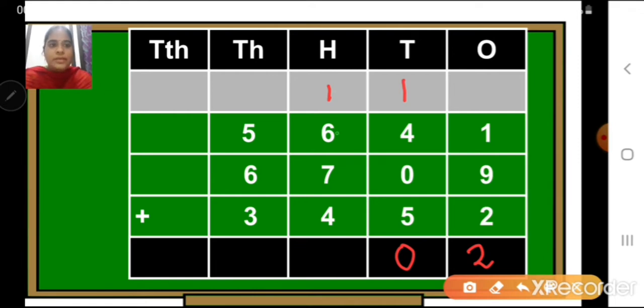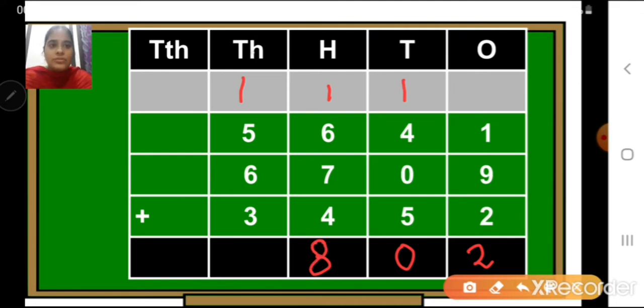Children, 1 plus 6 is 7, 7 plus 7 is 14 and 14 plus 4 will be 18. So again 1 we have to carry over at thousands place and we will write here 8 at hundreds place. Okay.